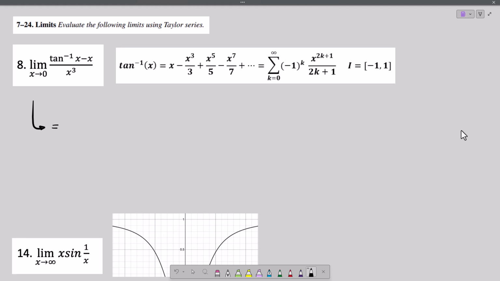So if we subtract x, limit as x goes to 0, this x is going to cancel with this subtraction of x, and then we're going to divide by x cubed. And what is that limit as x goes to 0? -1/3. Yeah.